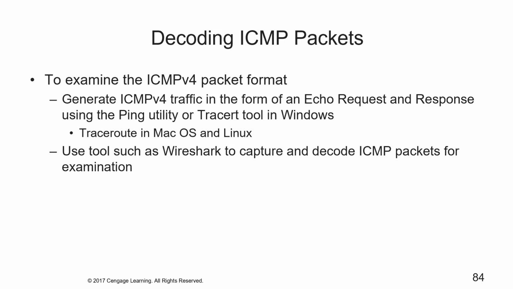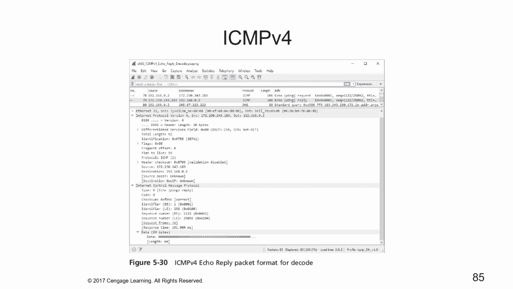When we're decoding ICMP packets, we want to examine the ICMPv4 packet format. So generate the ICMPv4 traffic in the form of an echo request and response using the ping utility or tracert in Windows. Again, traceroute in macOS, Linux, and Unix flavors. And use a tool such as Wireshark to capture and decode ICMP packets for examination. So here is a captured ICMPv4 echo reply packet.